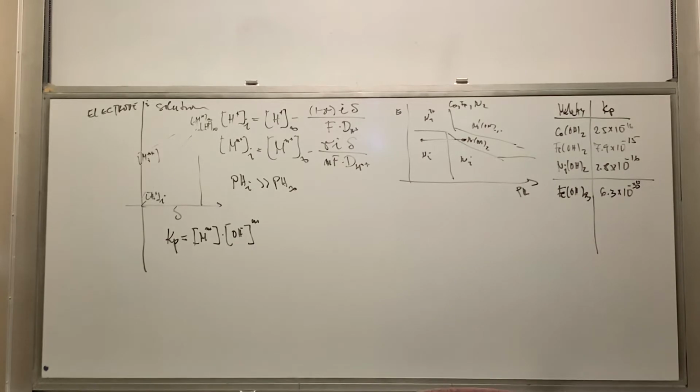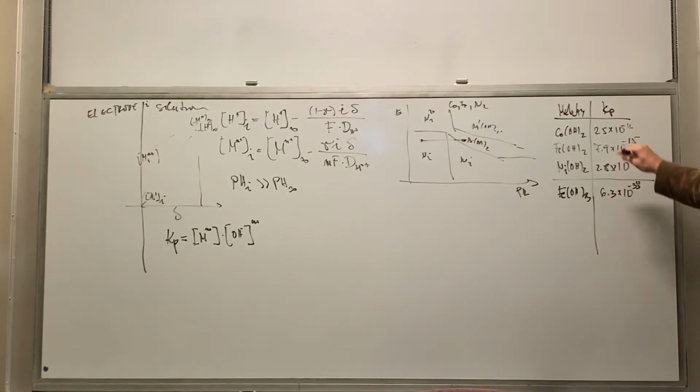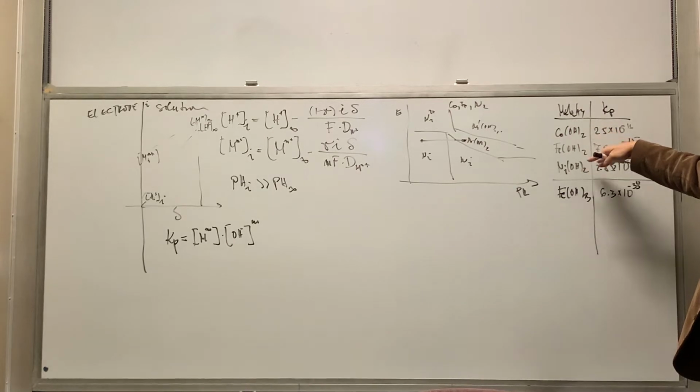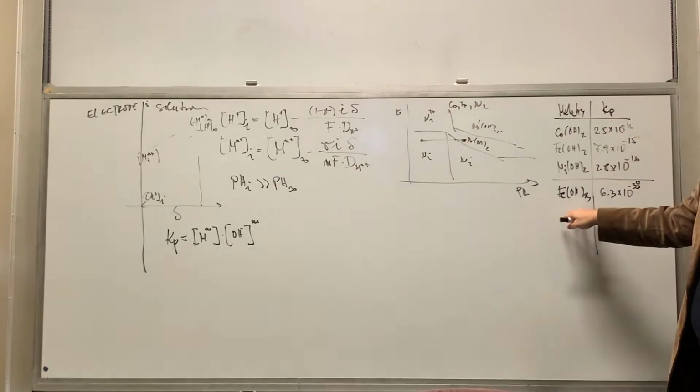You can see that it is more than 20 orders of magnitude smaller than any of these hydroxides, any. Iron 3 hydroxide.